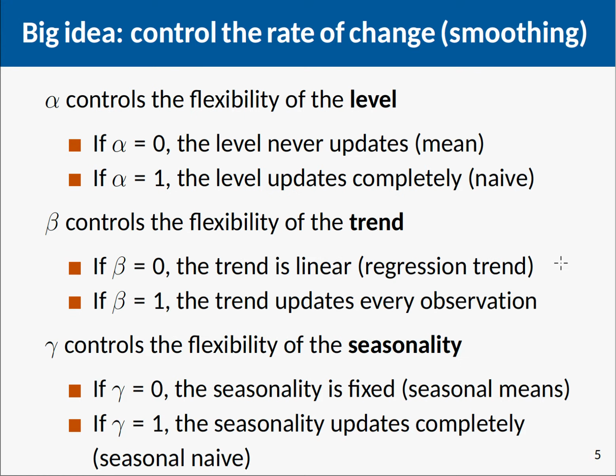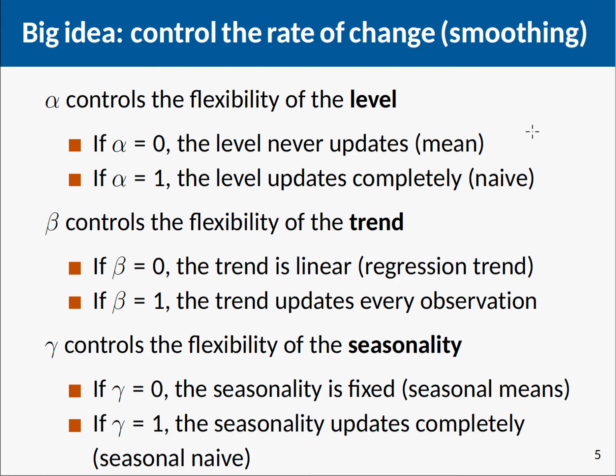Now, talking about the smoothing parameters, we have alpha that controls the flexibility of the level, the underlying level of the time series. So if you think about 2 extreme situations here, if we don't have any smoothing, which means that alpha equals 0, the level of the time series never updates, right?